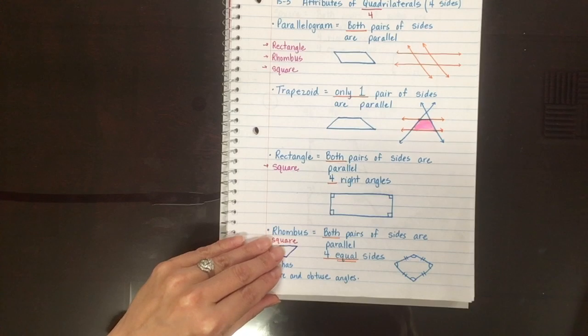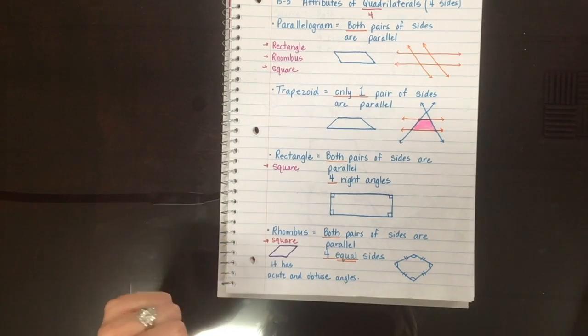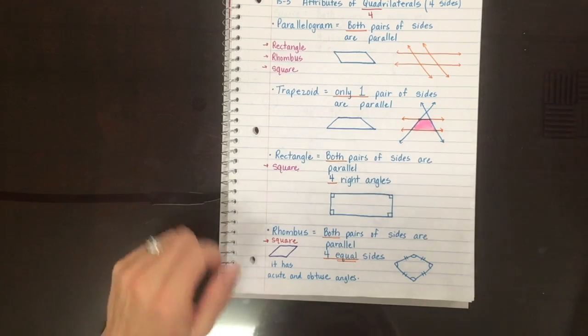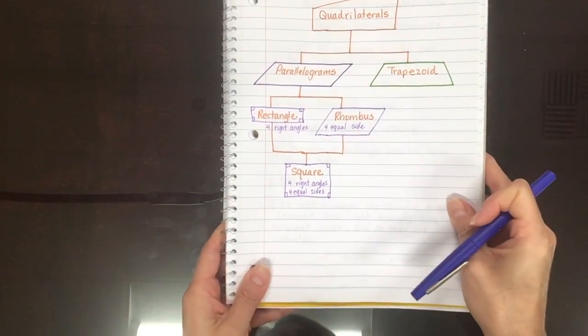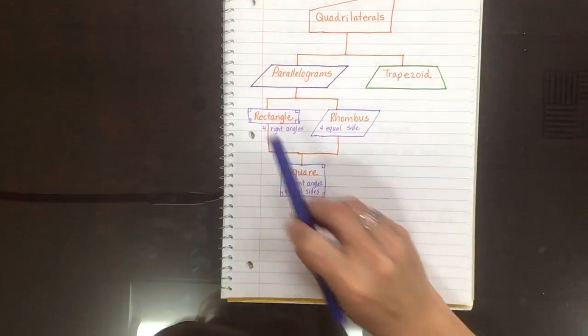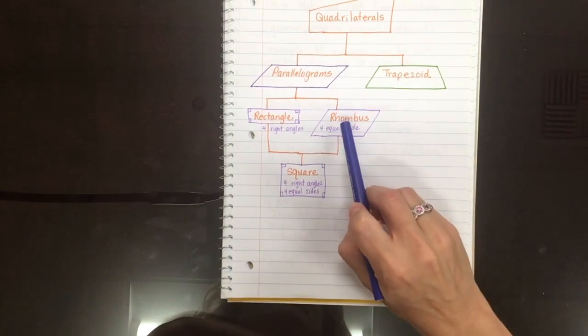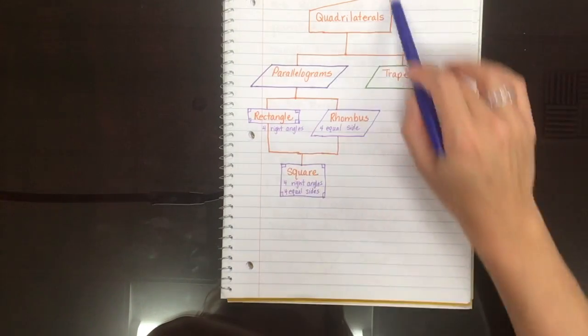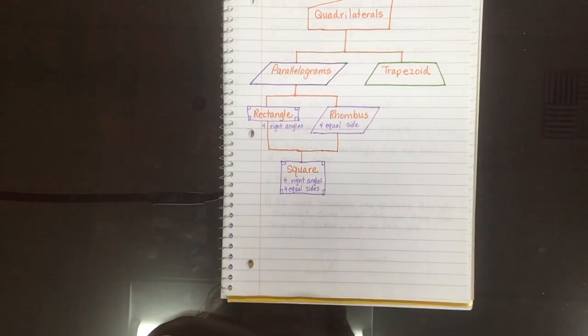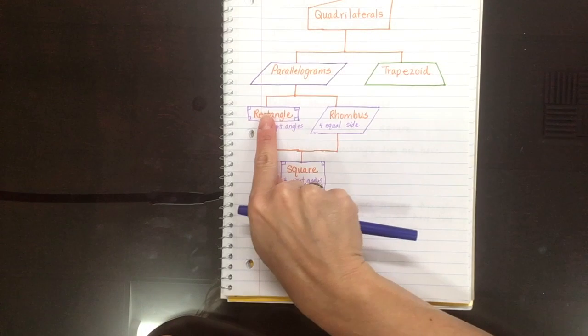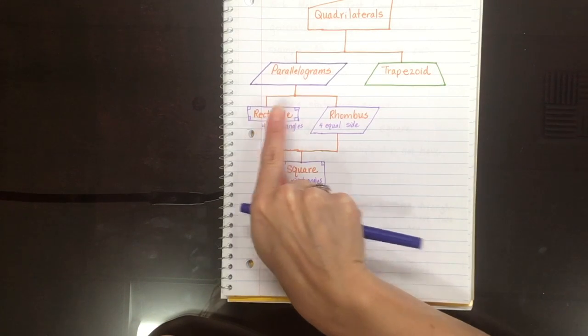Okay, which quadrilateral is always both a rectangle and a rhombus? Which one of these can be both of those? So if you're going up, if I'm looking at a rectangle, is it a rhombus?